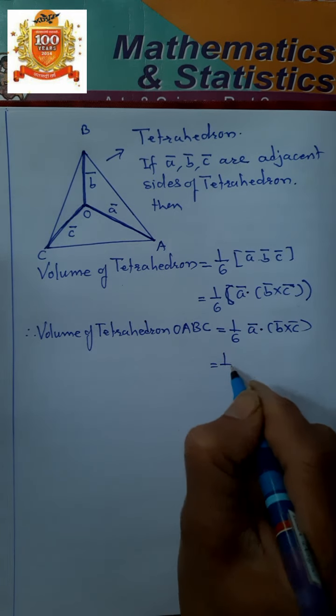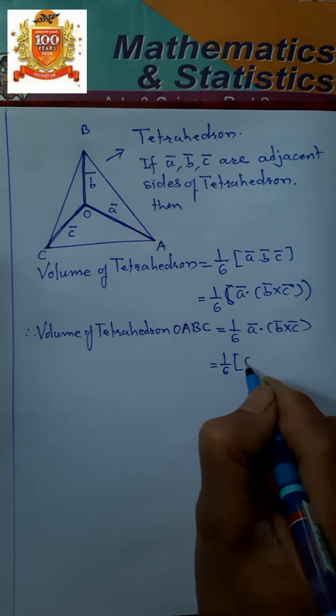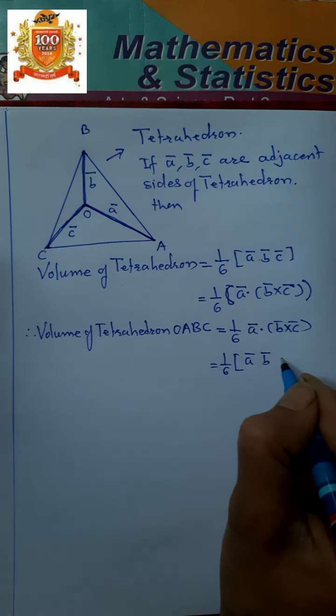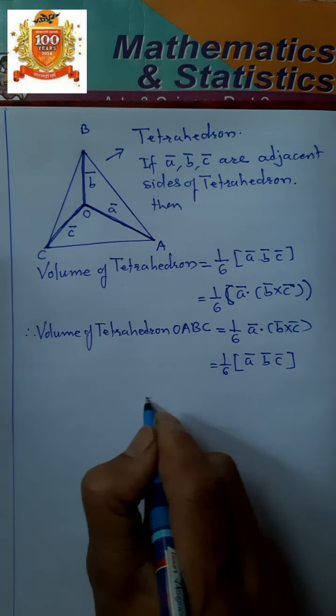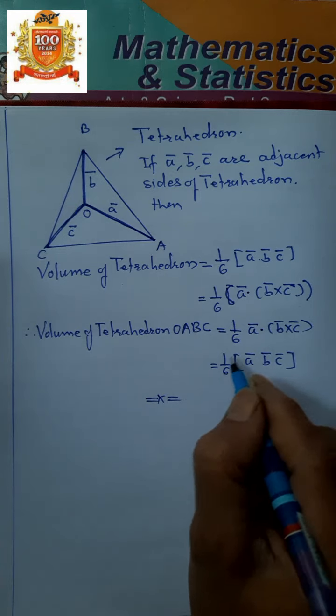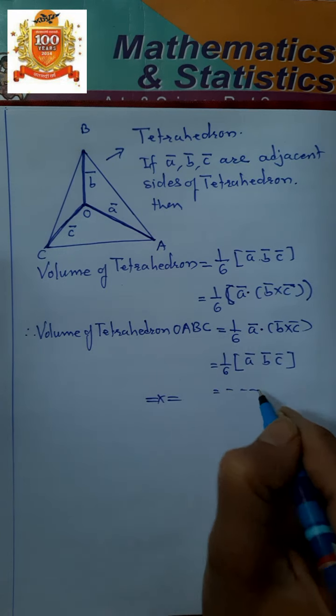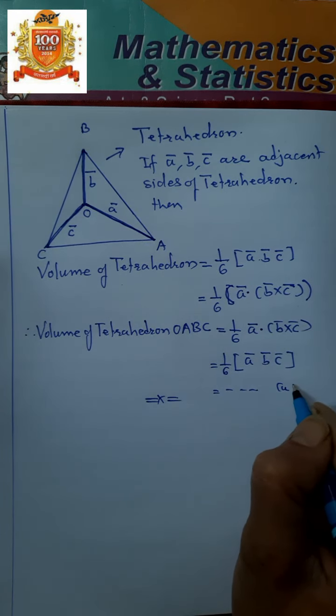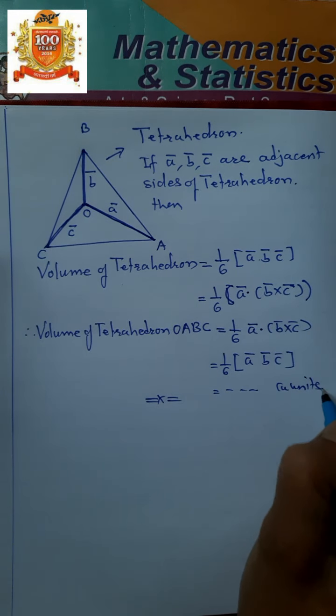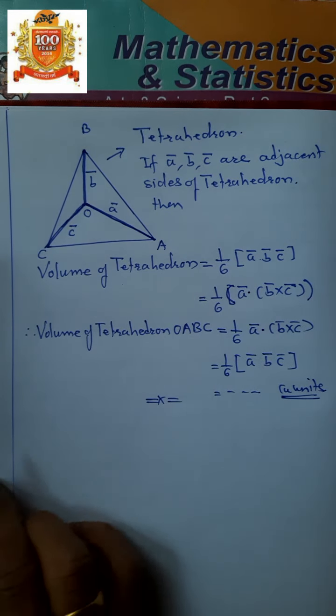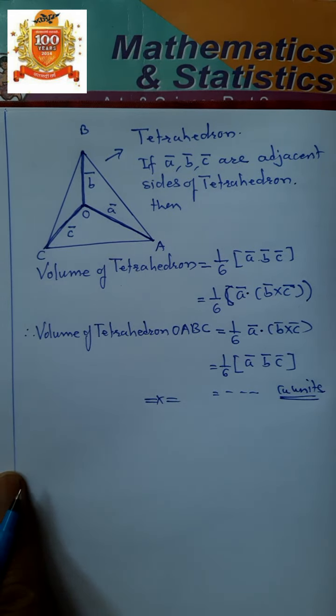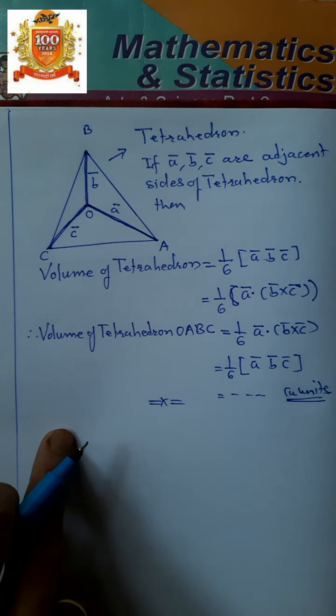That is 1/6 box product of A bar, B bar, C bar. By using this formula, we can find the volume of tetrahedron in cubic units. In this way, we complete the theoretical part.